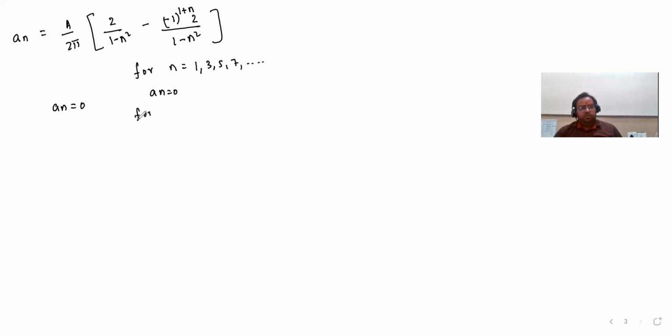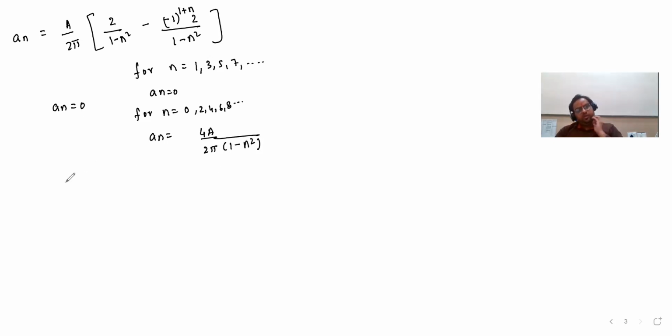And for n equal to 2, 4, 6, 8, and so on, we have 4a by 2 pi, 1 minus n square. This is how we obtain it.